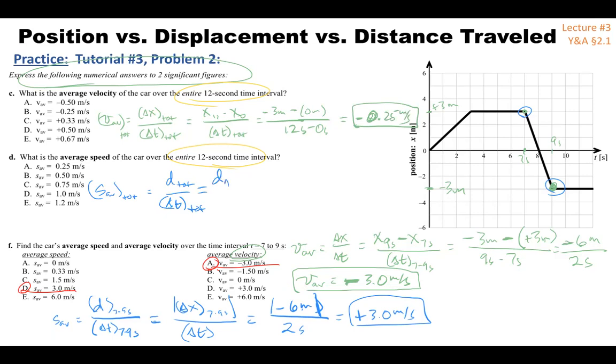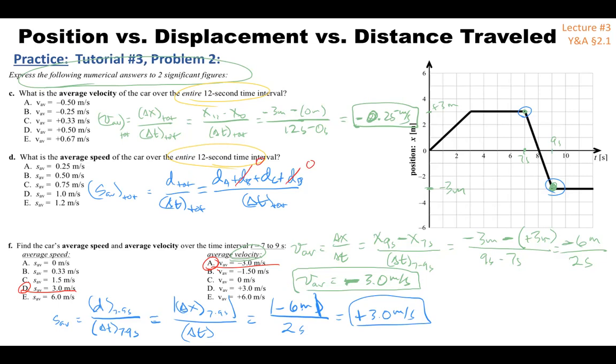It'll be equal to the distance traveled during each of the individual time segments: 0 to 3, 3 to 7, 7 to 9, 9 to 12. I can see by inspection that the car is parked at rest during time interval B, so that's 0, and during time interval D, that's also 0.